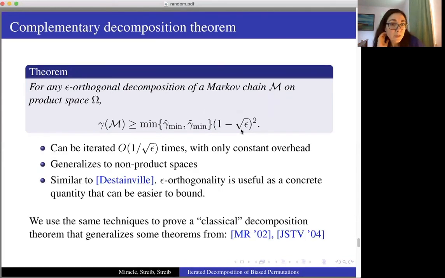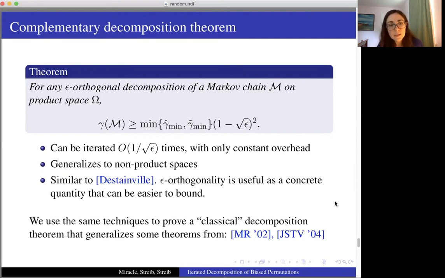So for this bound, you want epsilon to be small so that 1 over epsilon is big, because in this way you can iterate it 1 over square root of epsilon times and only get a constant overhead. This theorem also generalizes to non-product spaces, but for ease of exposition, we didn't want to go into that here.